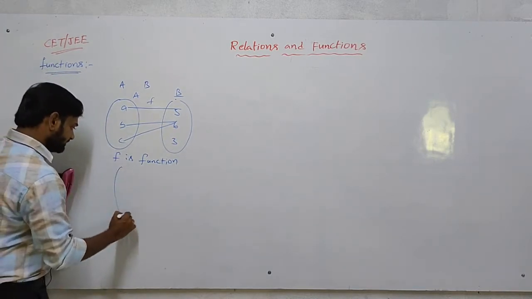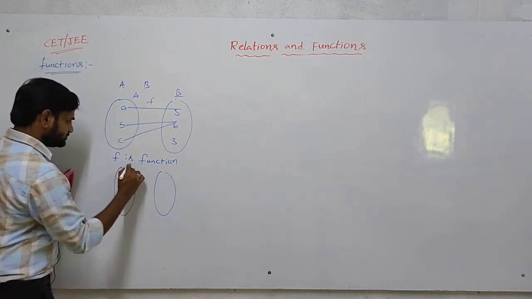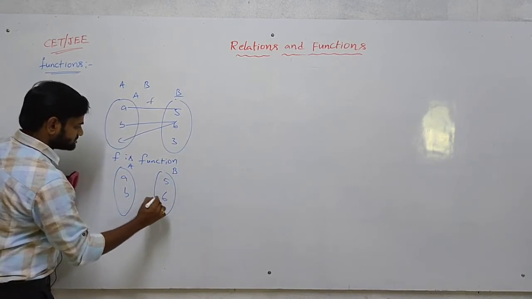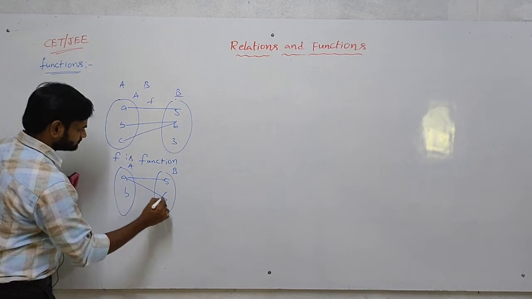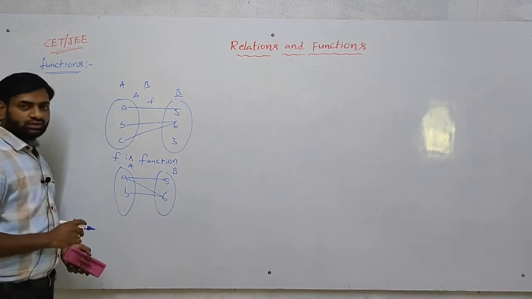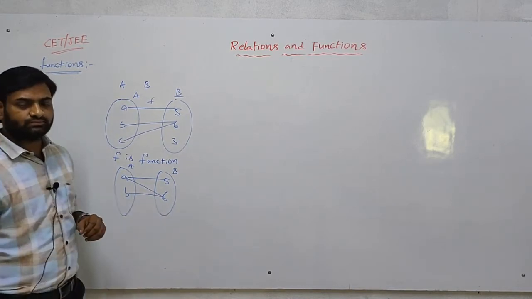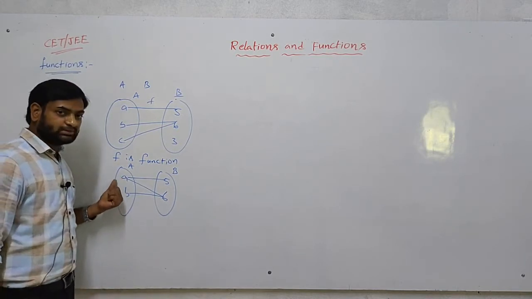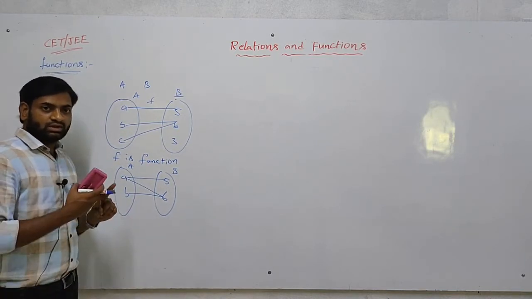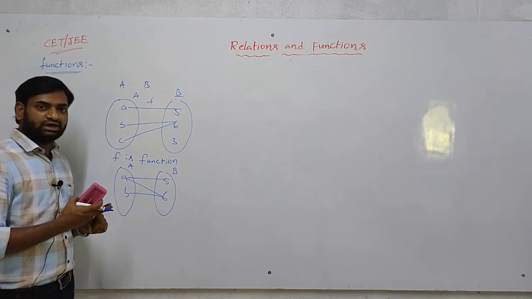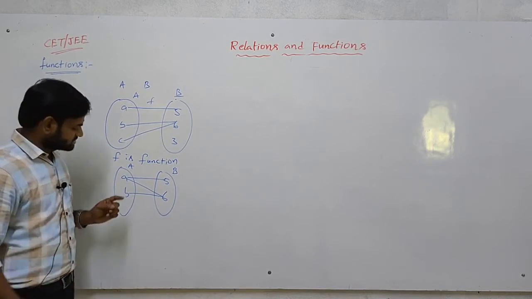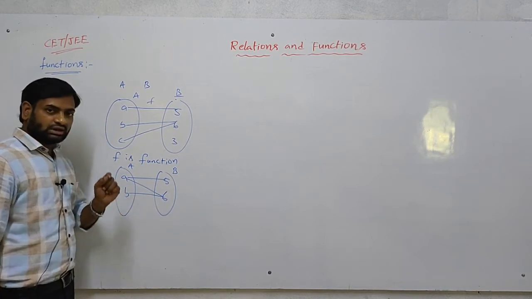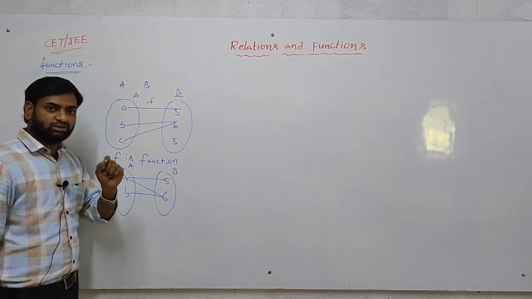Now see, this is A, this is B. a, b, 5, 6. Is this a function? No, because, as I said, first, every element in set A is in the mapping. Yes, a and b have the mapping. Next, every element should have only one image.